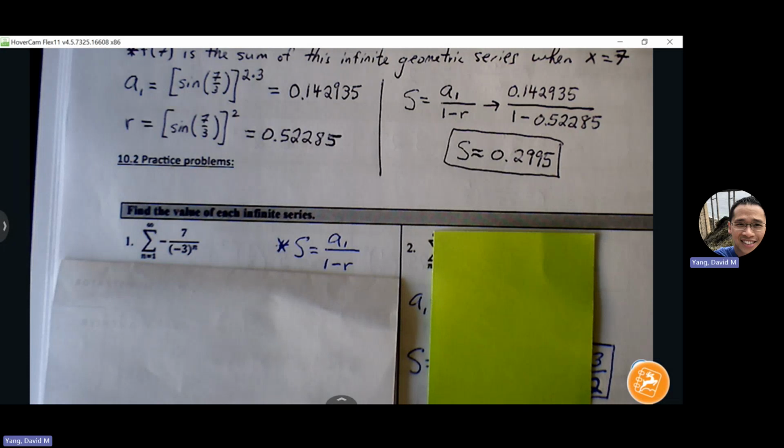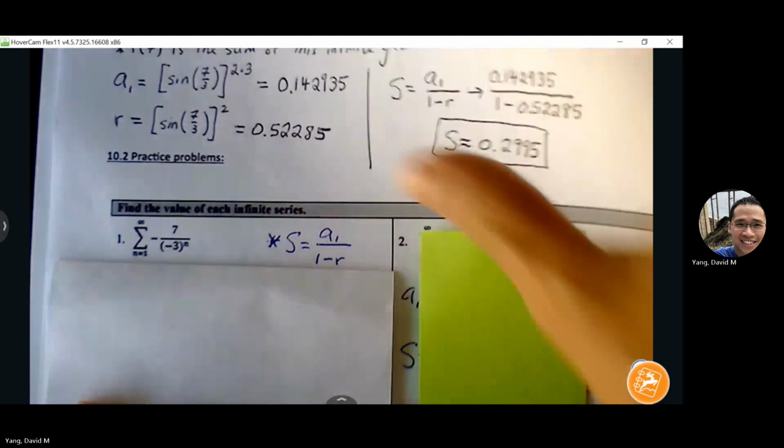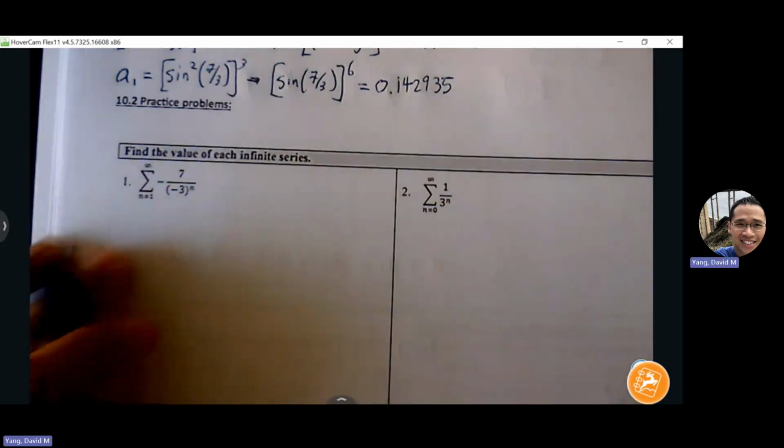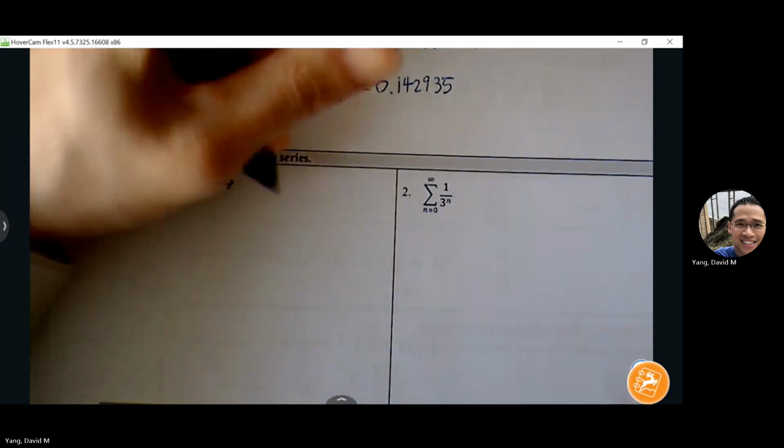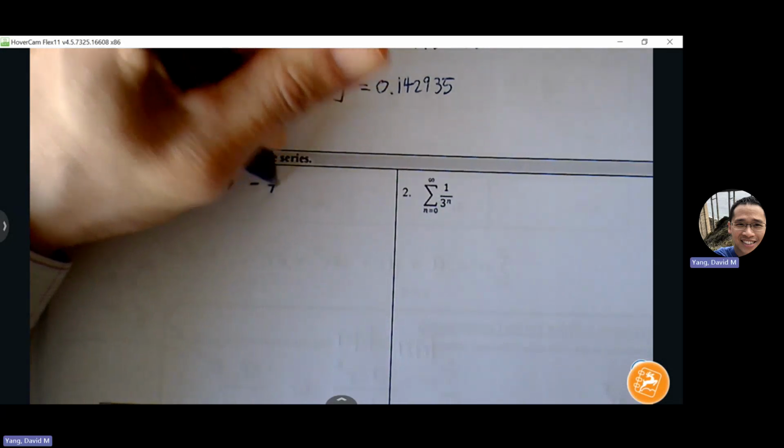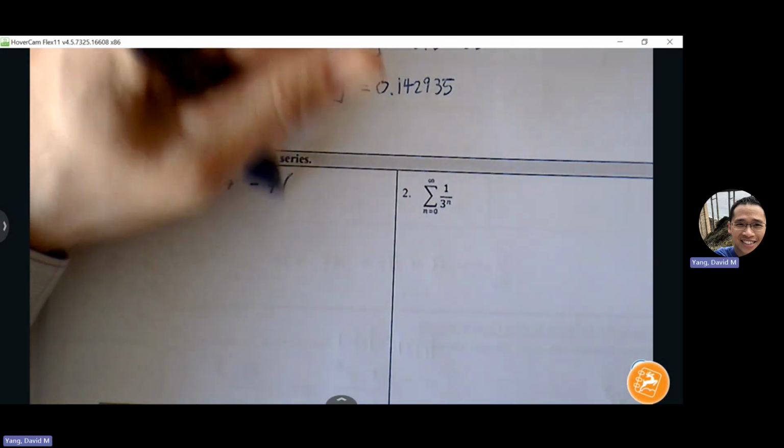-7 over -3 to the n. And we can rearrange it in a way that feels more in line with that a times r to the n. Okay, so how can I rewrite this? (-1/3) to the n times -7.